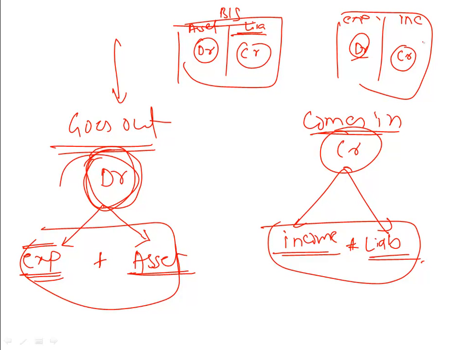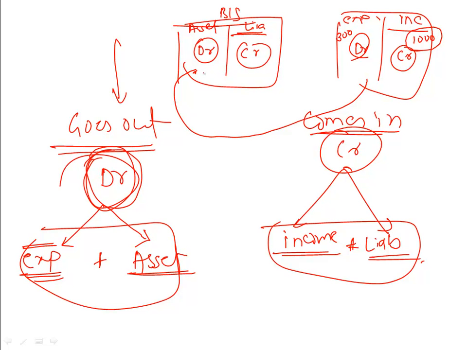Now see, what is the whole logic behind this? If I have income of 1000 here, and I have expense of 300, how much extra credit do I have? 700. That extra credit is what? Extra credit is your profit. And where did we transfer our profit?